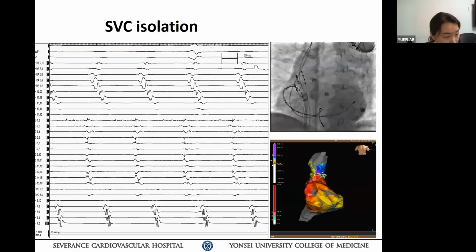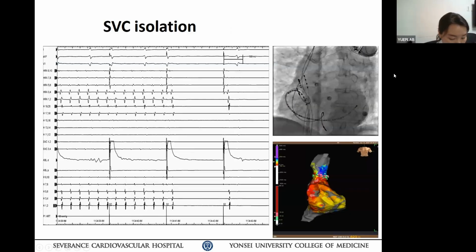So we performed SVC isolation, and when we put the grid catheter in the SVC, a long fragmented and low amplitude signal was observed. We performed the SVC isolation while checking phrenic nerve capture by pacing during the ablation.